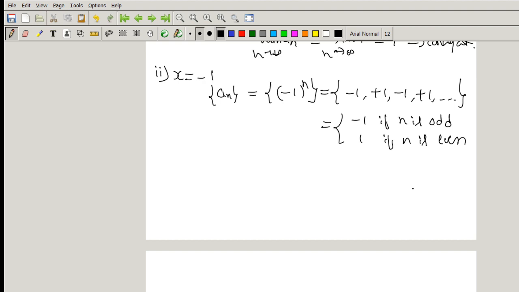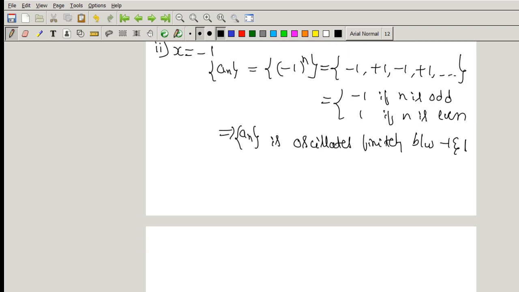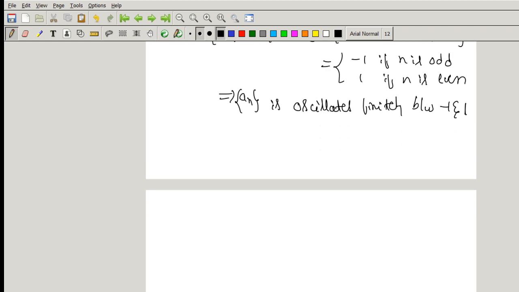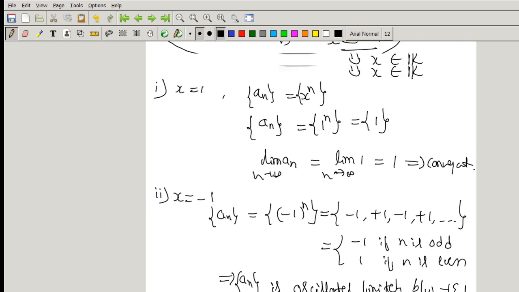So clearly it oscillates between these two values, which implies the given sequence a_n oscillates finitely between minus 1 and plus 1.